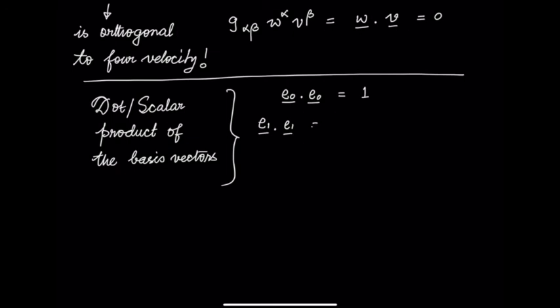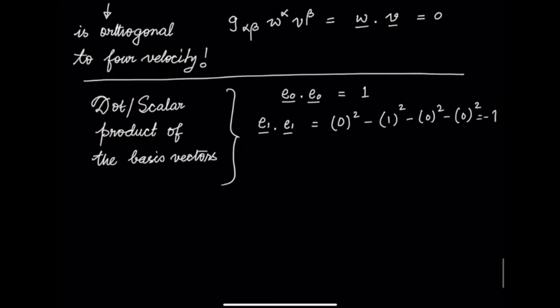So this is 0 squared minus, the second component is 1, and then 0 squared minus 0 squared. So this will be minus 1. And as you can imagine, E1 dot E1 or E2 dot E2 or E3 dot E3, all of these will be minus 1.